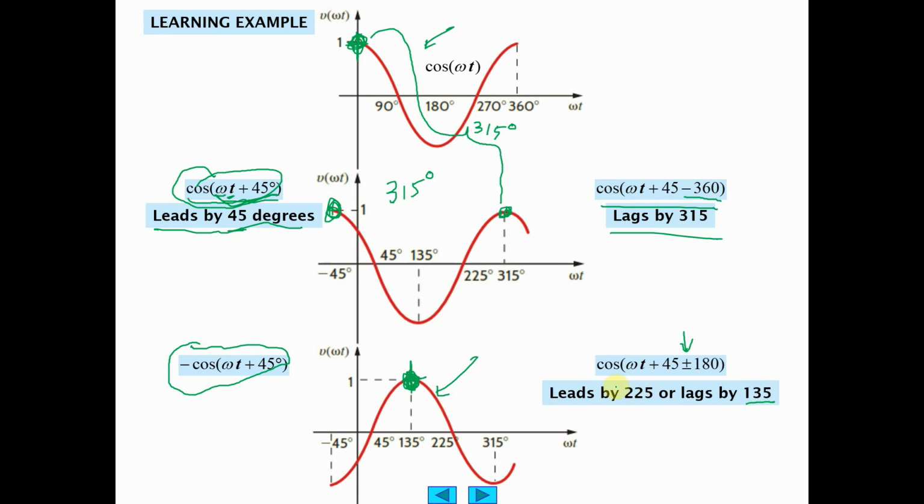Lags. Or you can think of it as leading. So 360 minus 135 is 225. So way over here, we have the wave that starts out over here. This is negative 225 degrees. So it's leading. So it leads this.